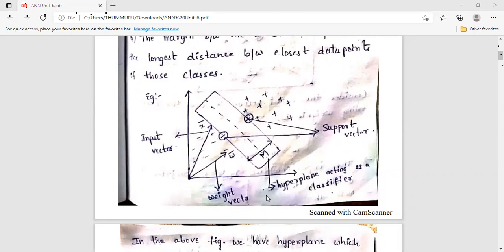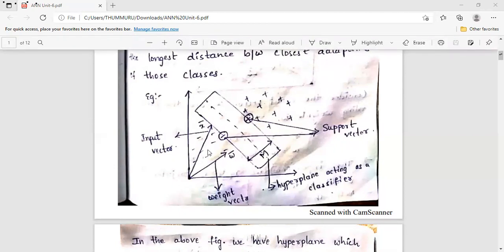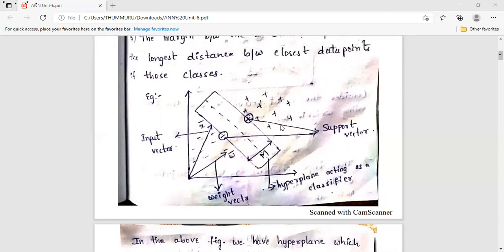So in support vector machines only we have this facility. Here we have drawn the margin boundaries, the decision boundaries. The decision boundary shows the difference between these two classes.